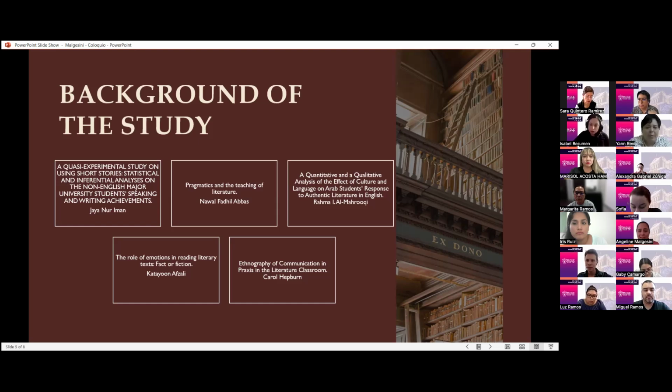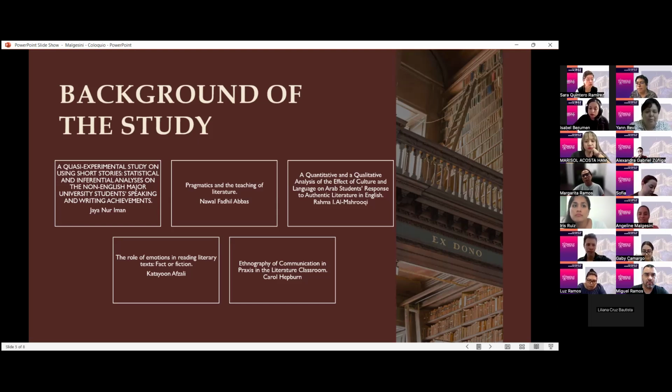My fourth article I added here is The Role of Emotions in Reading Literary Text, Fact or Fiction. Like I said before, I was focusing on motivation, and I decided not to because it's really hard to measure. But I do notice that when students get more involved with the reading because they can relate, it's easier for them to comprehend. And this is what this article is telling us. When students are emotionally involved in reading, it helps them improve their comprehension of the short story.